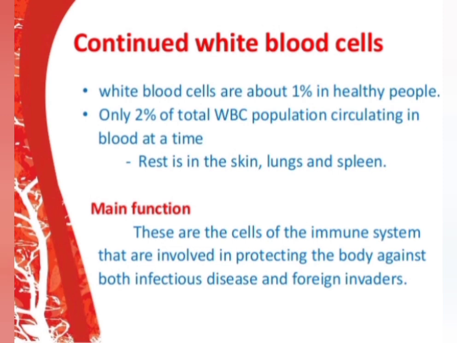That means whenever our body gets infected by any kind of infectious microorganisms or foreign invader, our body fights those microorganisms or foreign invaders with the help of these WBC. Because of that, we call these WBC the cells of the immune system. So our immune system is basically made up of these WBC, or white blood cells.